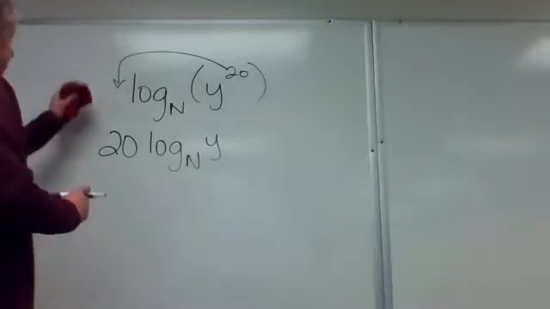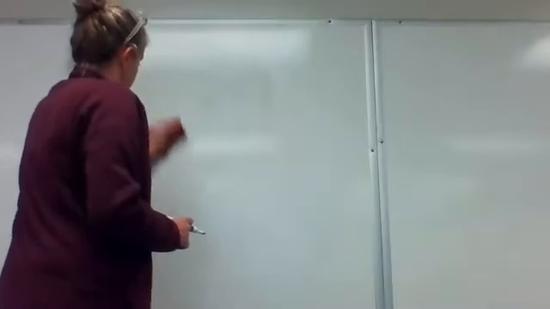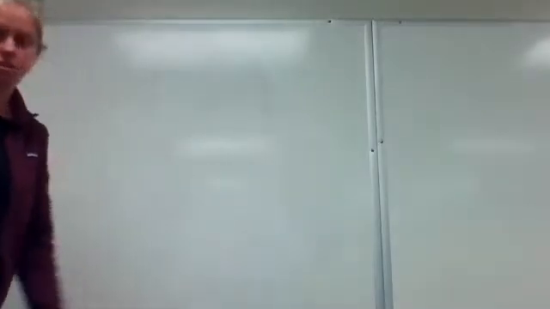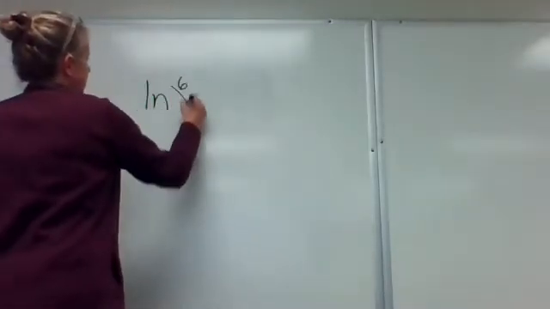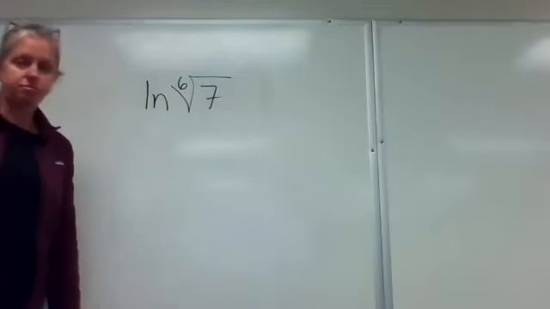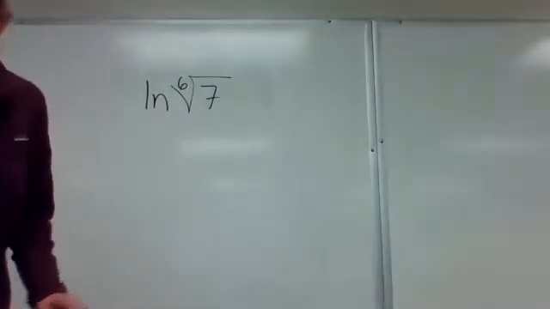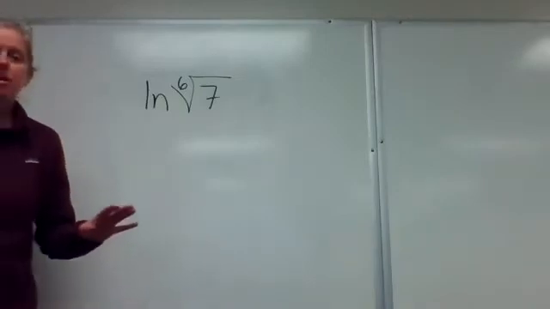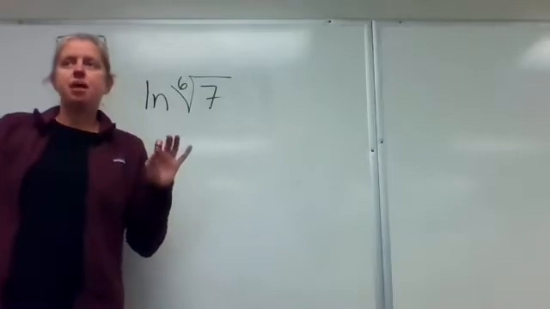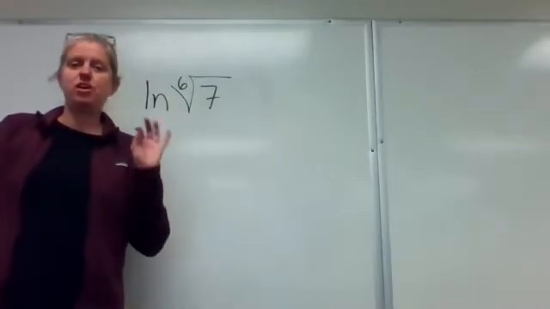All right, number 4. ln of the 6th root of 7. All right, on this one, because it's asking me to express it as a product, it wants to use the same property as I did on the last one. But I don't see the exponent yet.